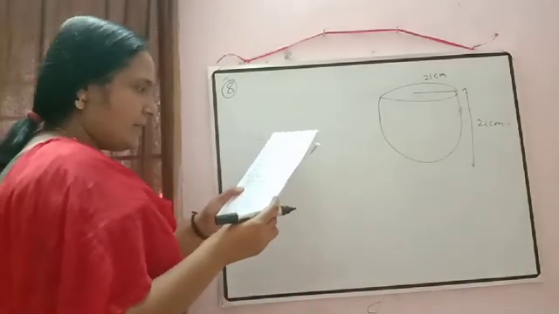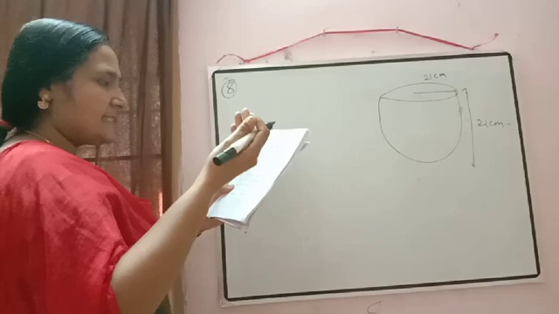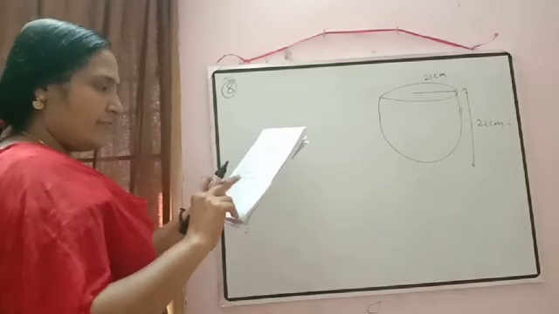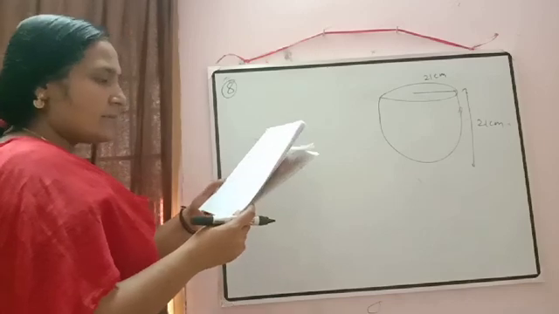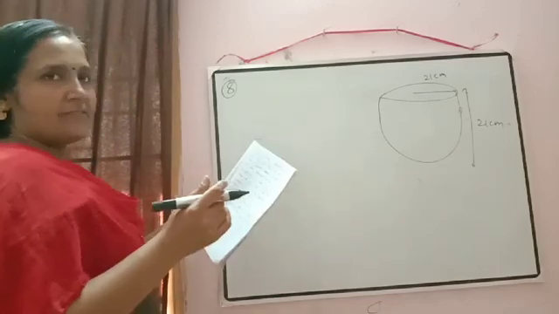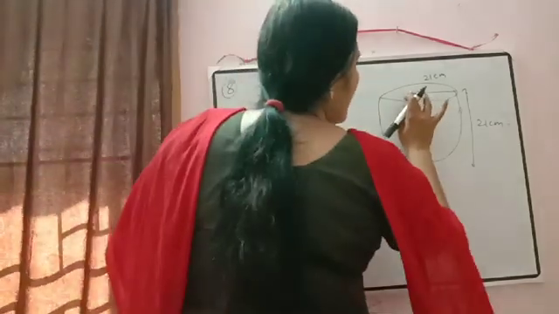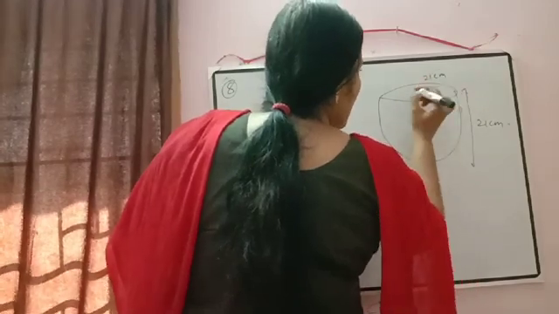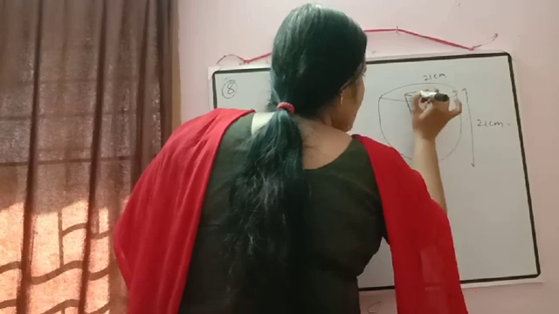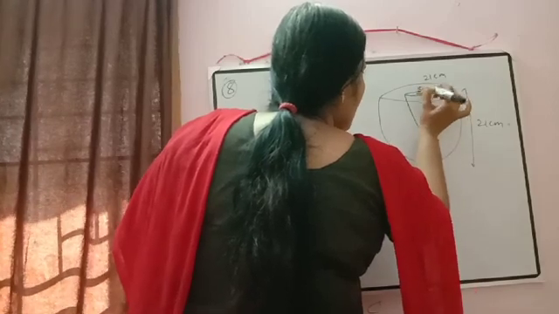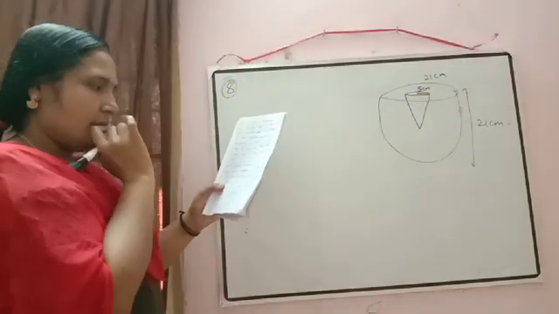So from the hemisphere a conical depression is carried out. Find the surface area of the solid obtained if the radius of the cone is 5 centimeter. Radius of the cone is 5 centimeter. So this one is given 5 centimeter. Okay.